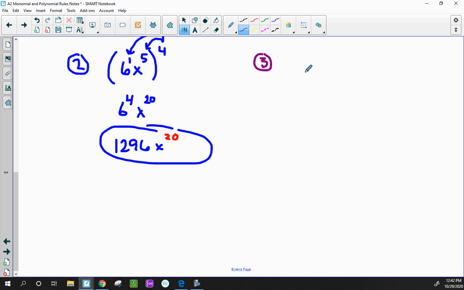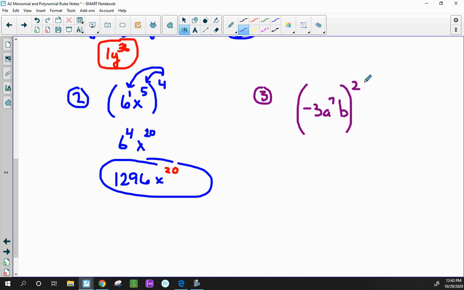Okay, example 3. -3a to the 7th b. Let's raise that to the 2nd power. Let's see what happens. So we have power outside parentheses.